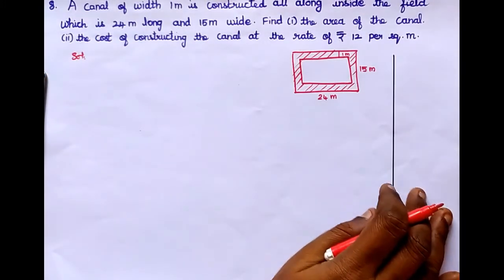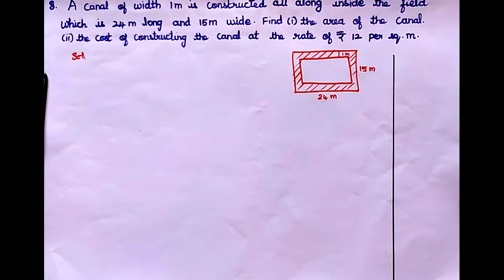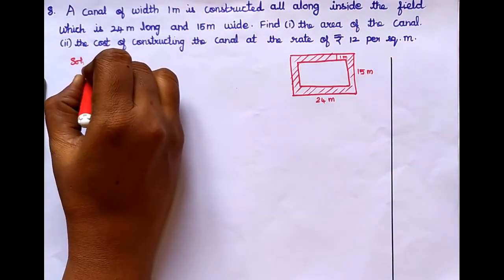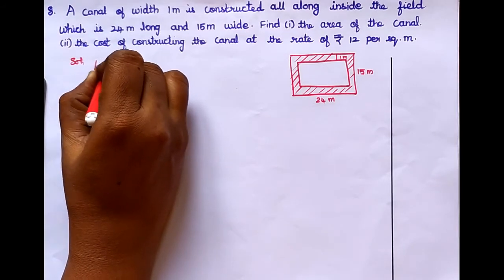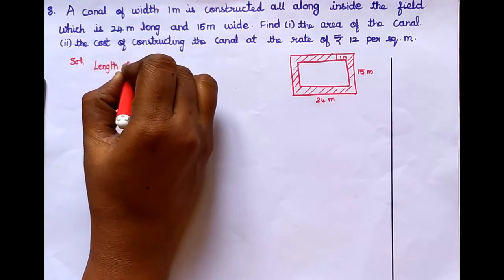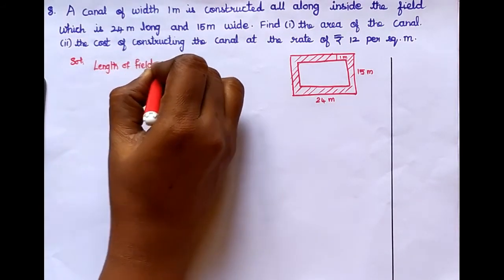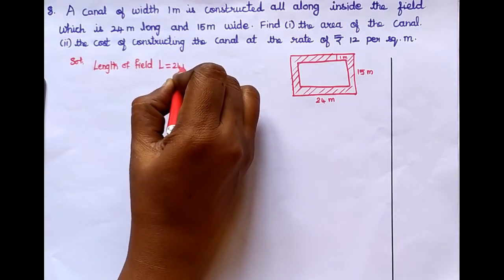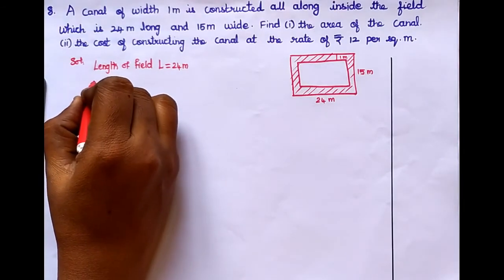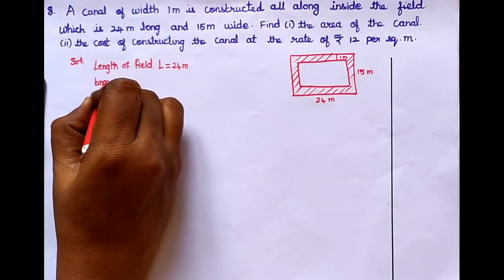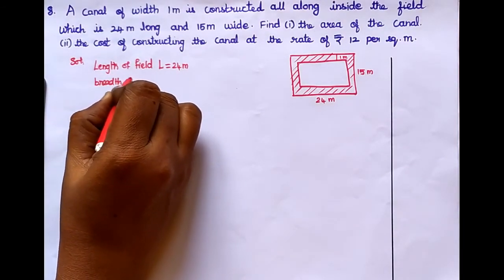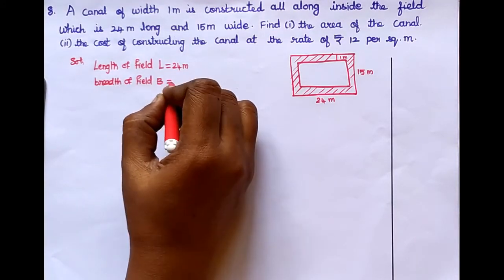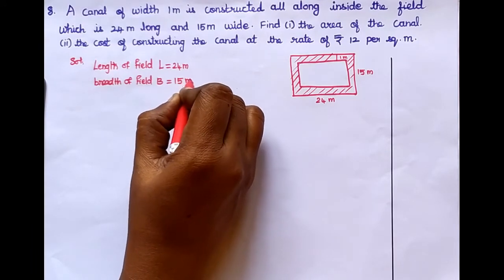First write down what is given. Length of the field, capital L, is 24 meters, and breadth of the field, capital B, is 15 meters.